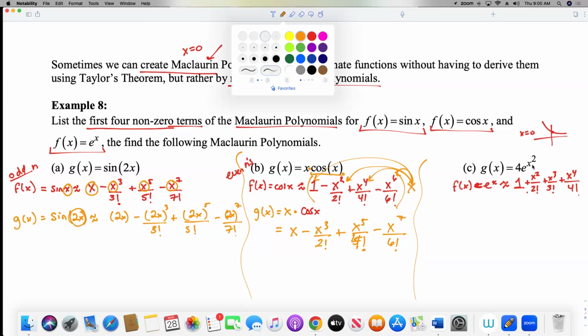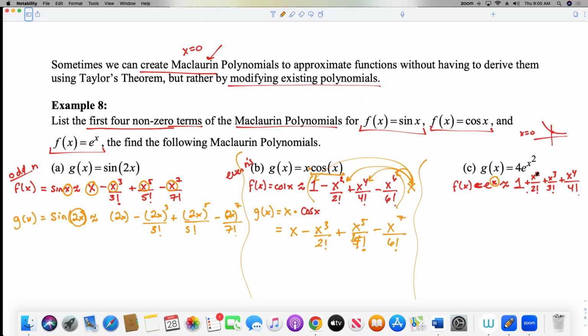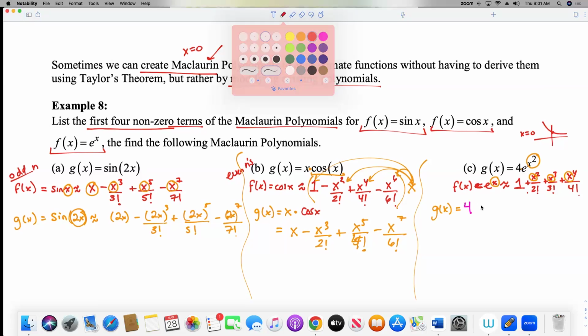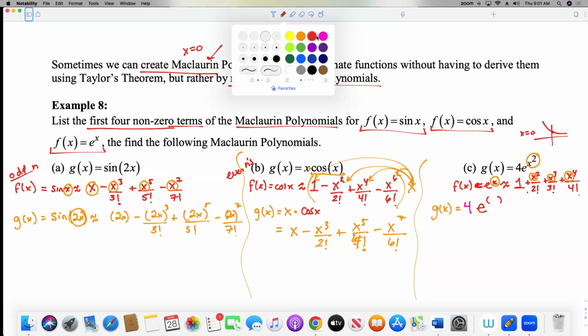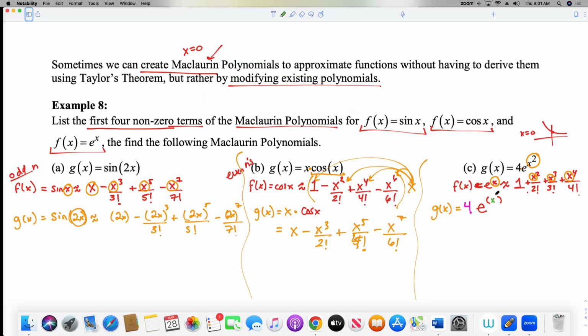Now the last part, there's 2 things. We want to change this x, right? So anytime there's an x, we're going to plug in x squared, and we want to multiply the whole thing by 4. So g of x is going to be 4e to the, and instead of this x, we're going to be plugging in x squared.